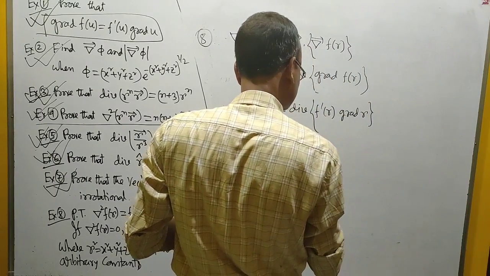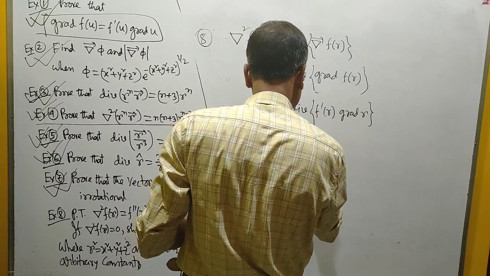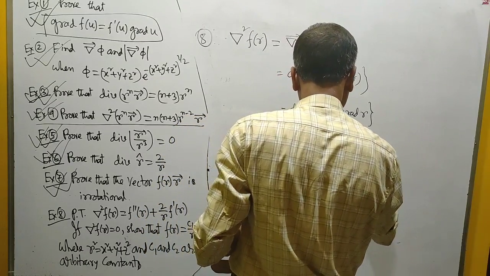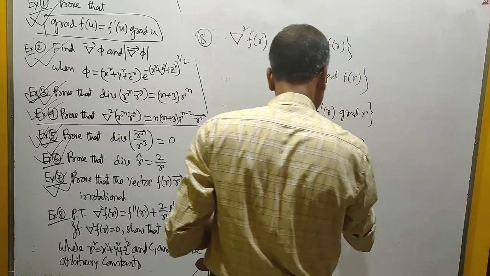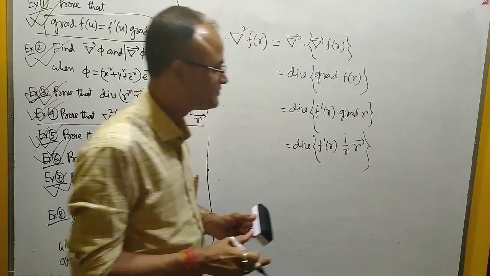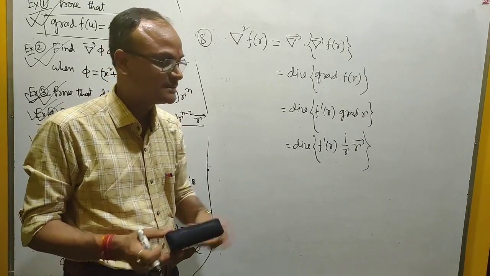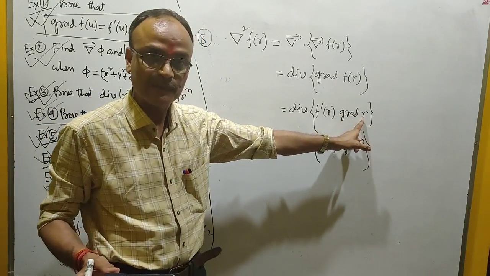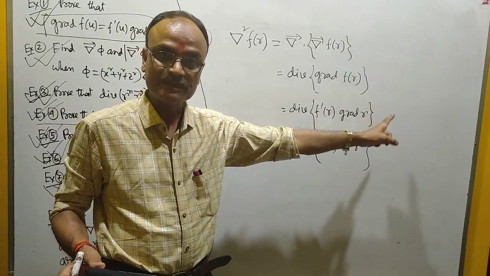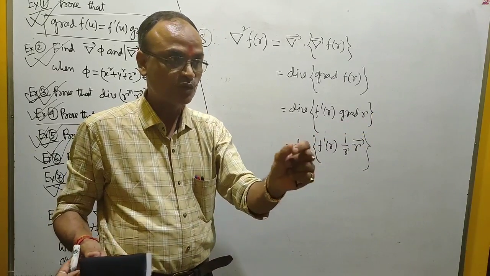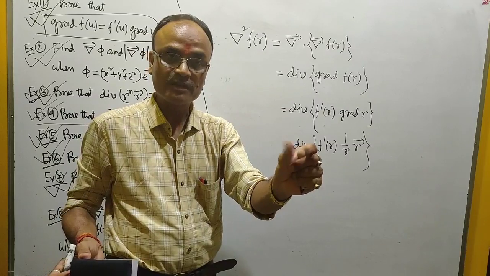This is equal to the divergence of f dash r times gradient of r. It has been proved many times that gradient of r equals 1 by r times r vector. Gradient r means i cap del r by del x plus j cap del r by del y plus k cap del r by del z. r square is equal to x square plus y square plus z square.